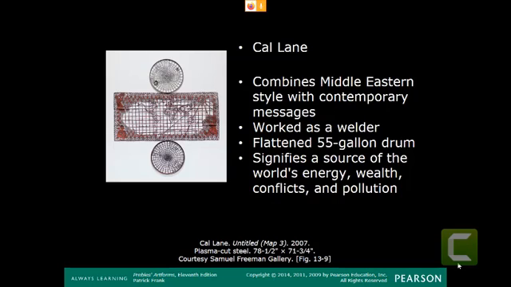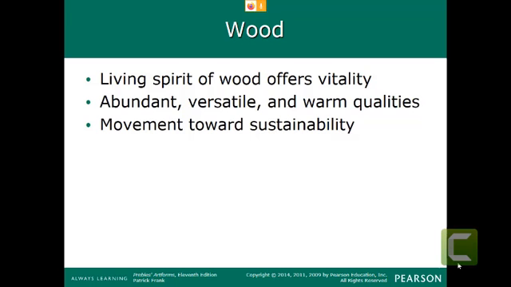And he was able to weld parts together to create a very intricate grid pattern in the center, signifying a source of the world's energy, wealth, conflicts, and pollution. So there are a lot of interesting messages going on throughout the whole piece.